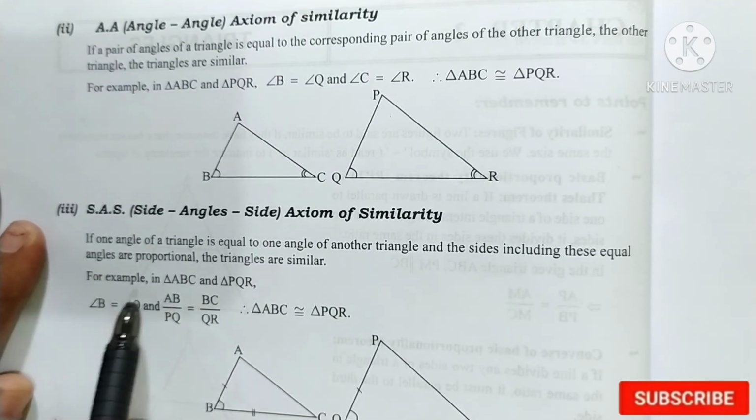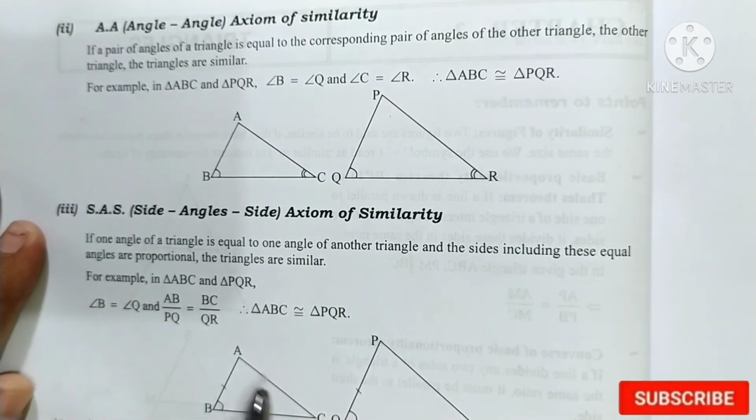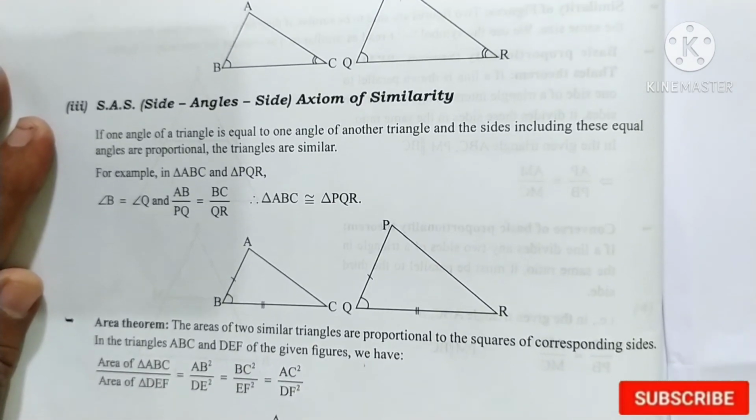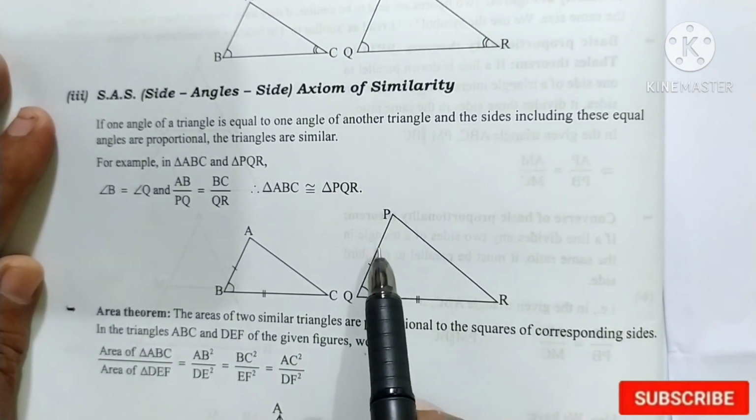For example, in triangle ABC and triangle PQR, the angle is in between two sides.